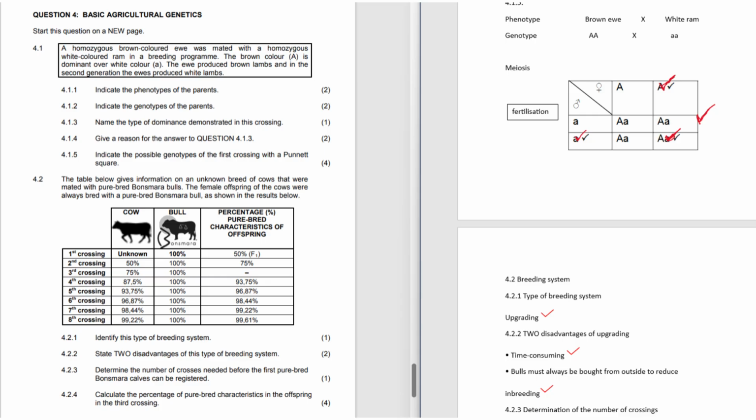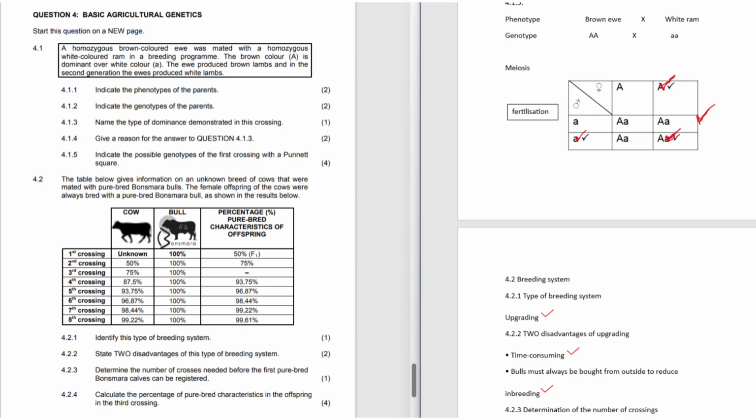So they are trying to show us how they improve the herd by taking a pure breed and mating it with an inferior cow to improve the herd.